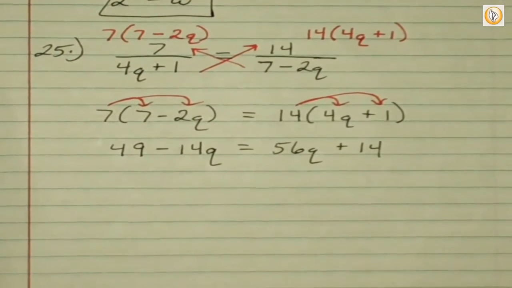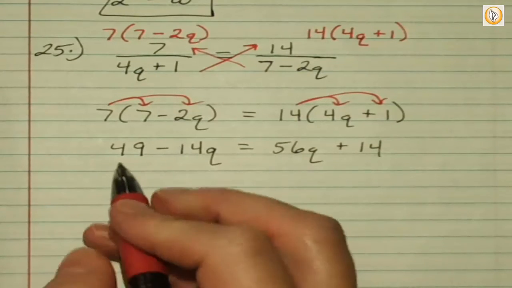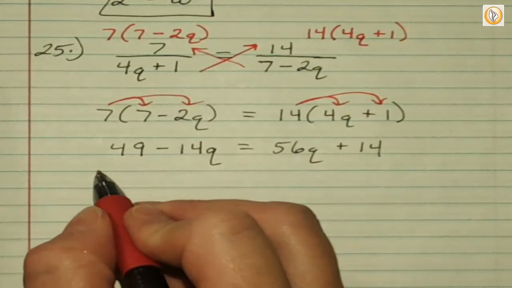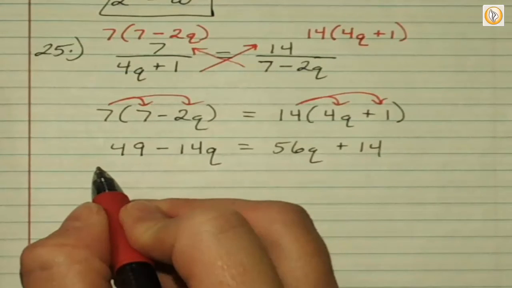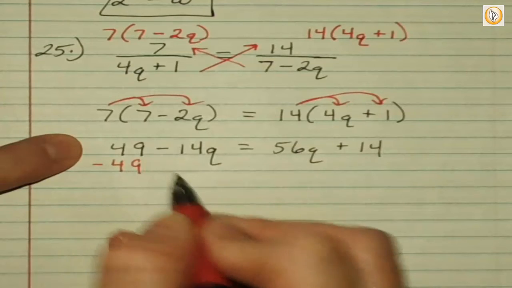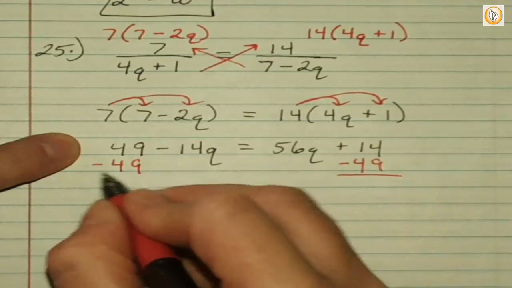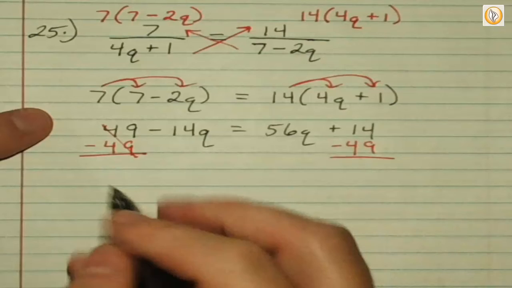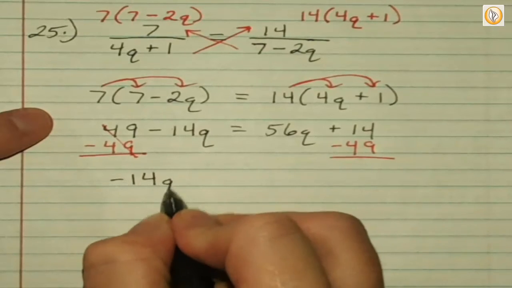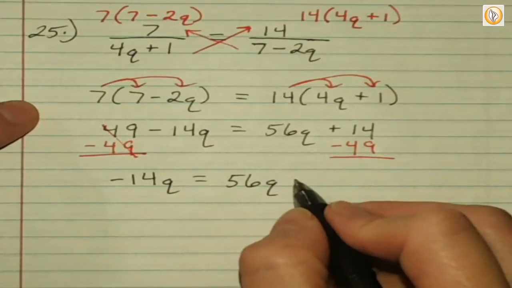Emily, what do I do? Get rid of the 49. You want to move the 49? So how do I move it? There you go. There's no sign here, so we assume it's positive, so we're going to subtract 49 on both sides. I have negative 14q equals 56q.